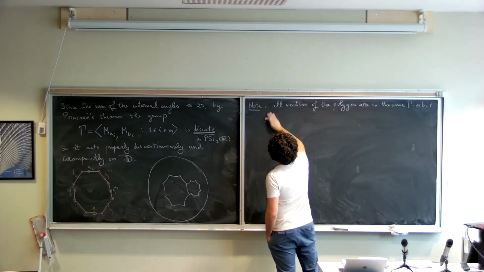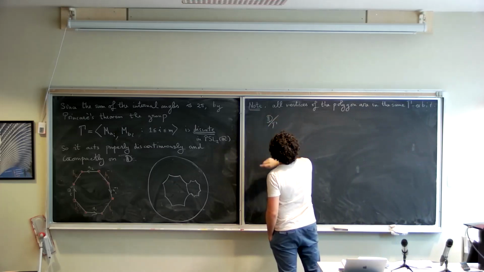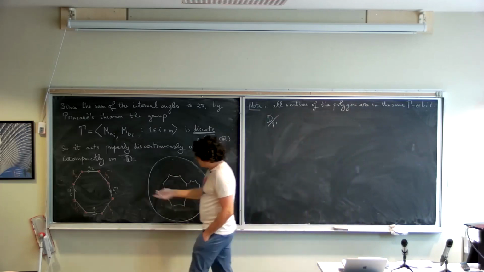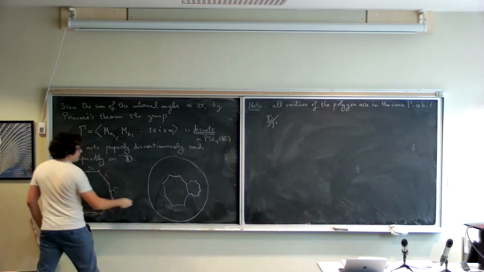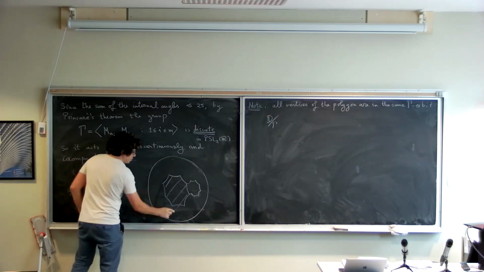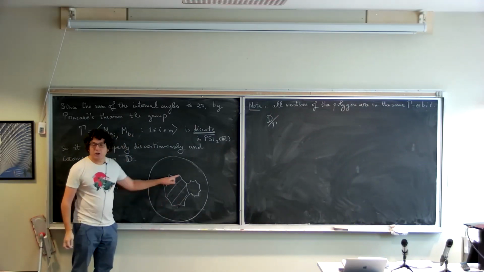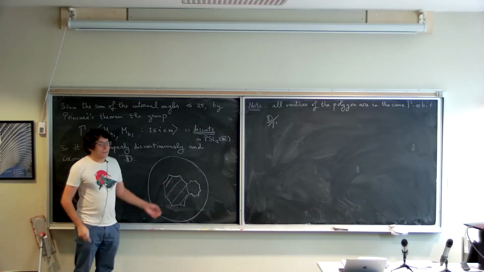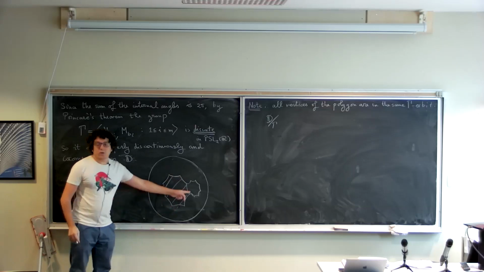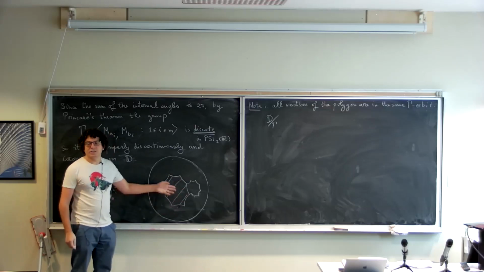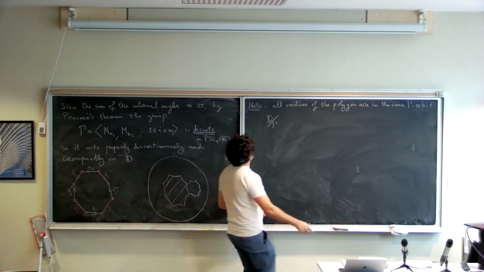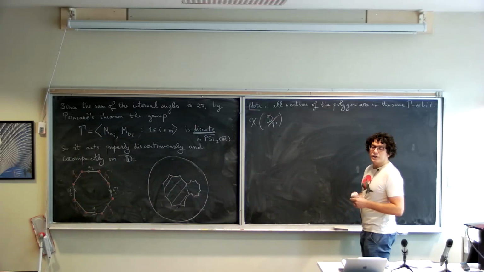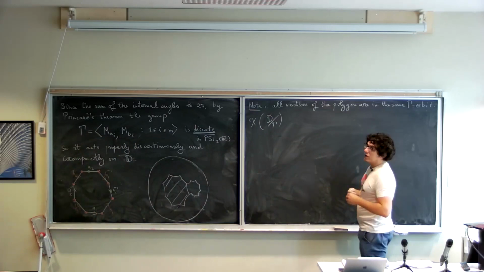We have D mod gamma. Well, this is compact, clearly, because it has a compact fundamental domain. You can pick K to be this original polygon, which is compact. So the quotient is a quotient of this polygon, so it's compact. And in fact, you can compute the Euler characteristic of this, right? What is the Euler characteristic?